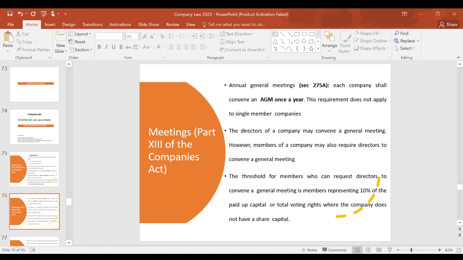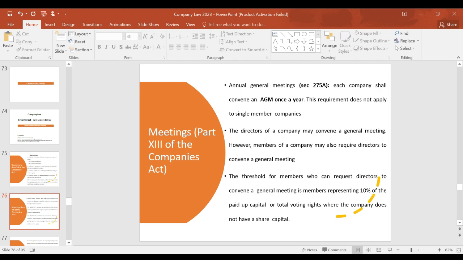The threshold for members who can request for the directors to convene an annual general meeting is about 10%. So at least 10% of members of paid up capital will request for the directors to constitute the meeting, and that will be effected.